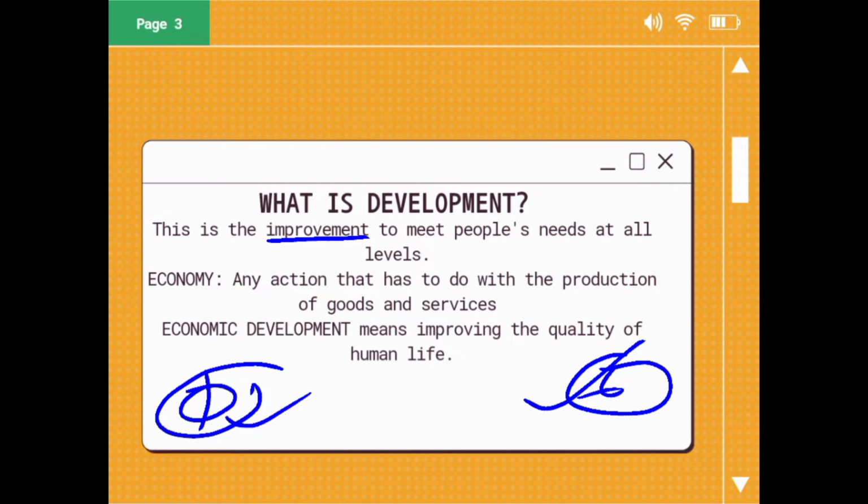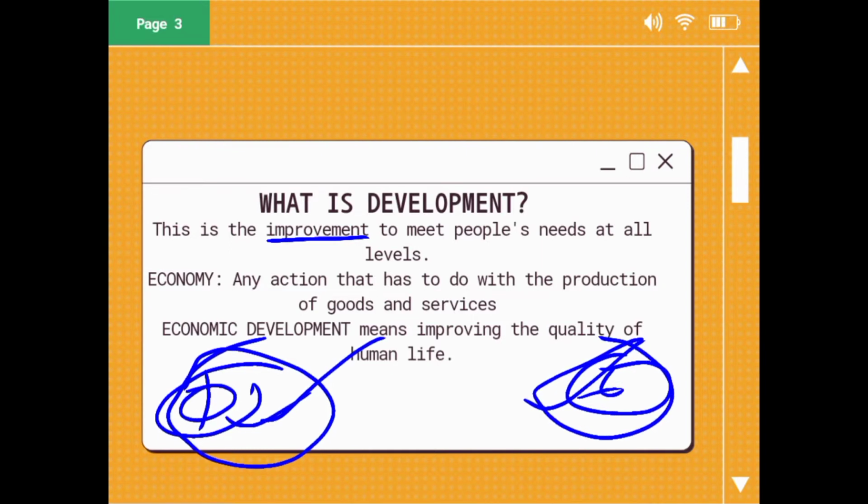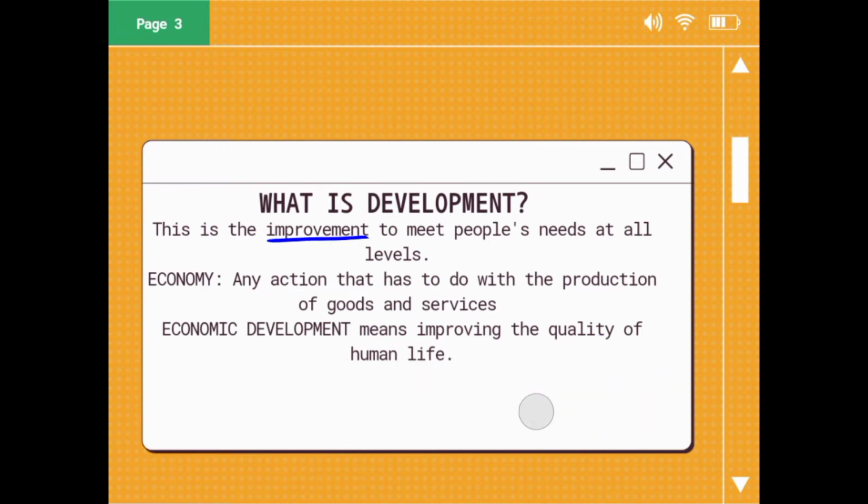For this one, building a new health facility, which was not there, this is development. The road can only be development if you construct a new road, for example, in the bush where there is no road. That is called development. I think you now have an idea of what development is.